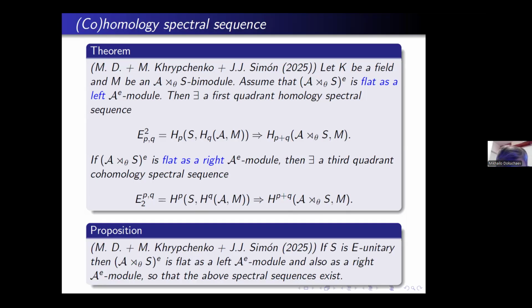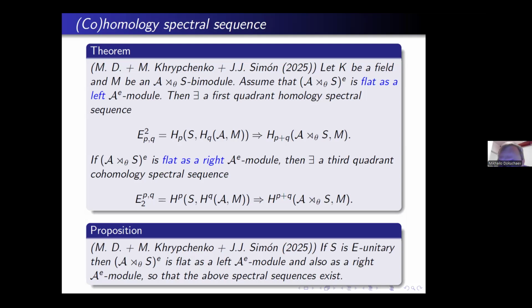In the particular example where A is the algebra of locally constant compactly supported functions on a locally compact Hausdorff totally disconnected space, and S acts on the space, then the cross product algebra is the Steinberg algebra of the transformation groupoid corresponding to the action of the semigroup on the space, right?